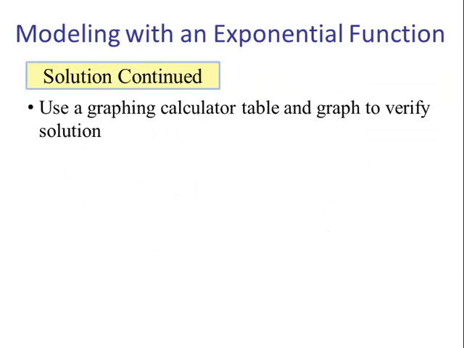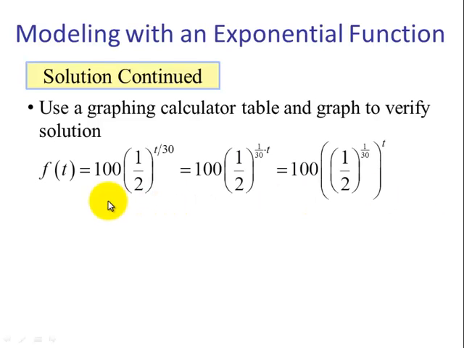Use a graphing calculator table and graph to verify the solution. So if we have F of T equals 100 times 1/2 to the T divided by 30 power, well, that's equal to 100 times 1/2 raised to the 1/30 times T. And if we multiply powers, that means we can write it power to power.